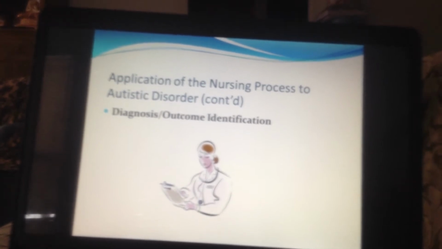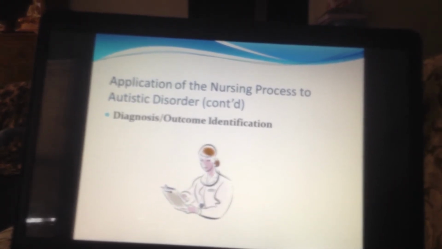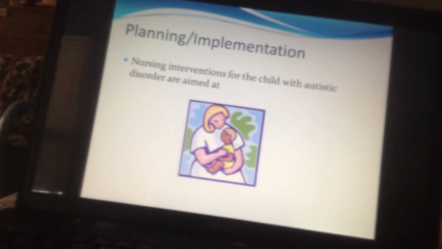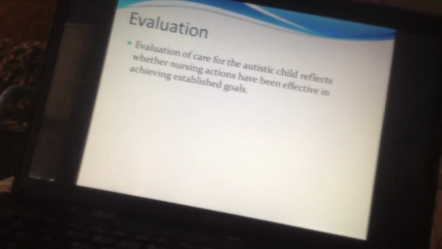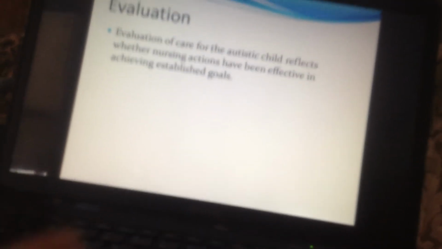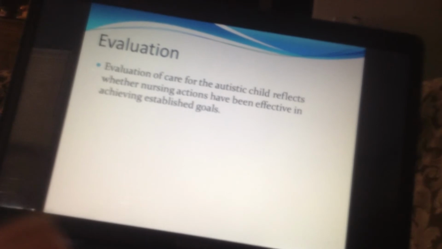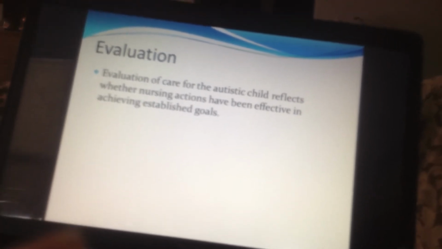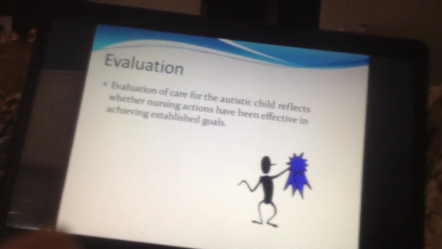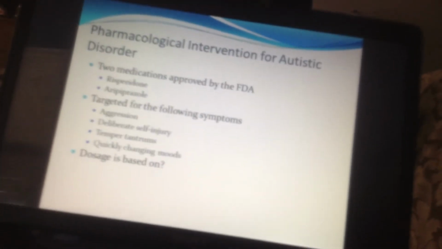Impaired social interaction and impaired verbal communication are some other examples. Now, I'm not going to go over the nursing process, which I would think that you would need to know, what the nursing process is once you find out what is the problem with your client, and then when you look at the nursing diagnosis. So these are all in your textbook.